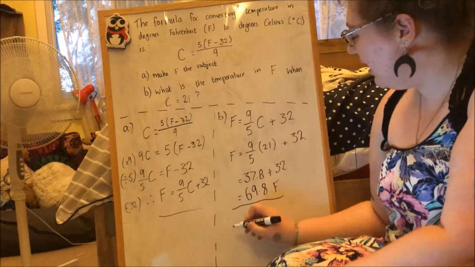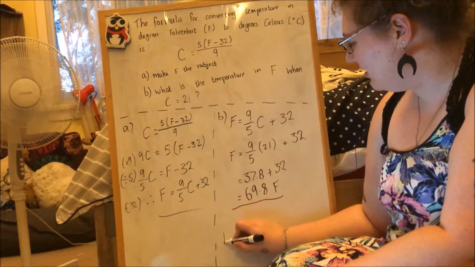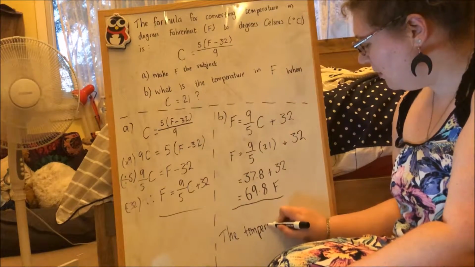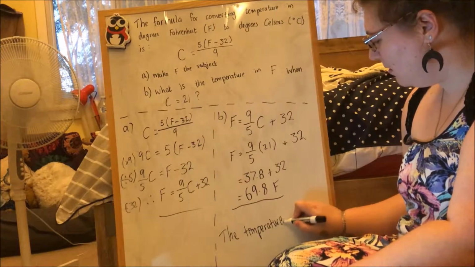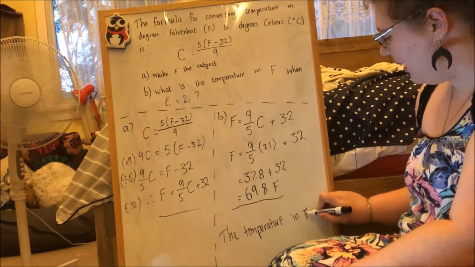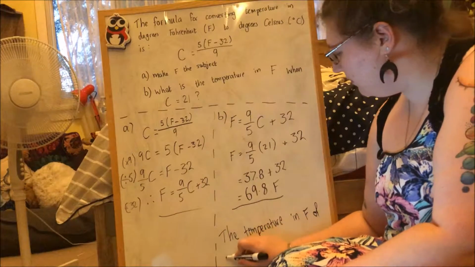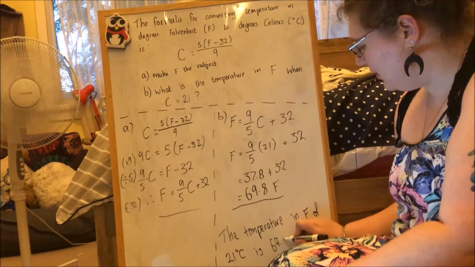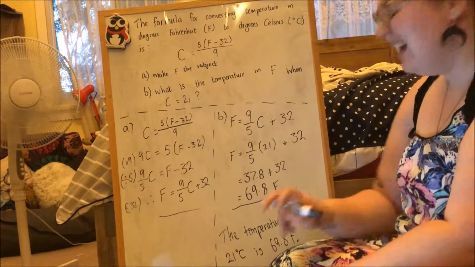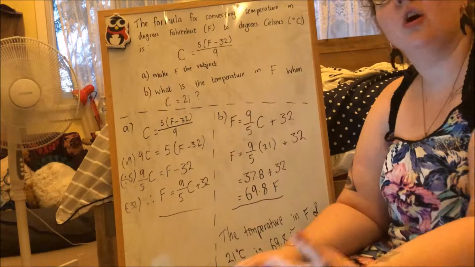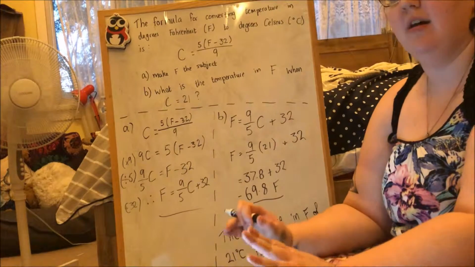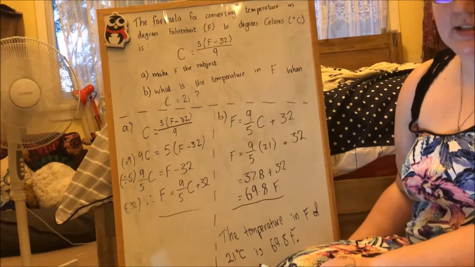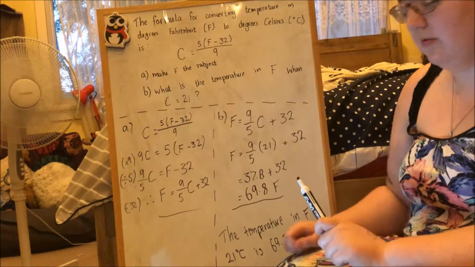We need to write a sentence, and that is as simple as: the temperature in Fahrenheit of 21 degrees Celsius is 69.8. It is that simple. It doesn't have to be a long, complicated sentence. That is not what I'm asking you for. All I'm asking for is some kind of sentence. And we're all grown-ups, so we can all write sentences.